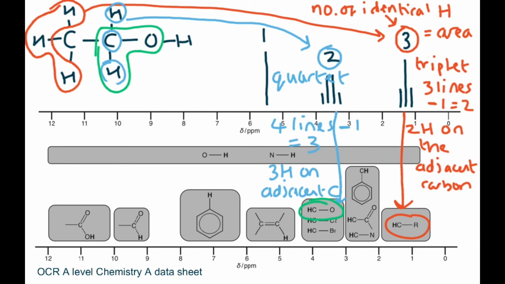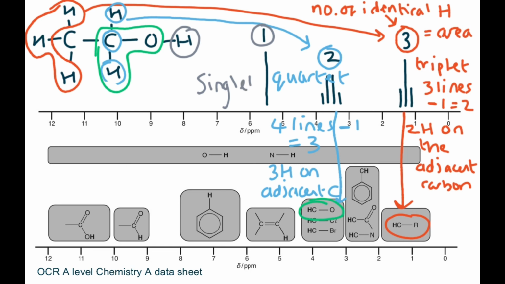Now the last hydrogen, and we look carefully for it, has an area of 1. That means it's 1 hydrogen, and we've only got 1 hydrogen left. So that must be the OH. Now the OH and also NH never split. It is always a singlet.